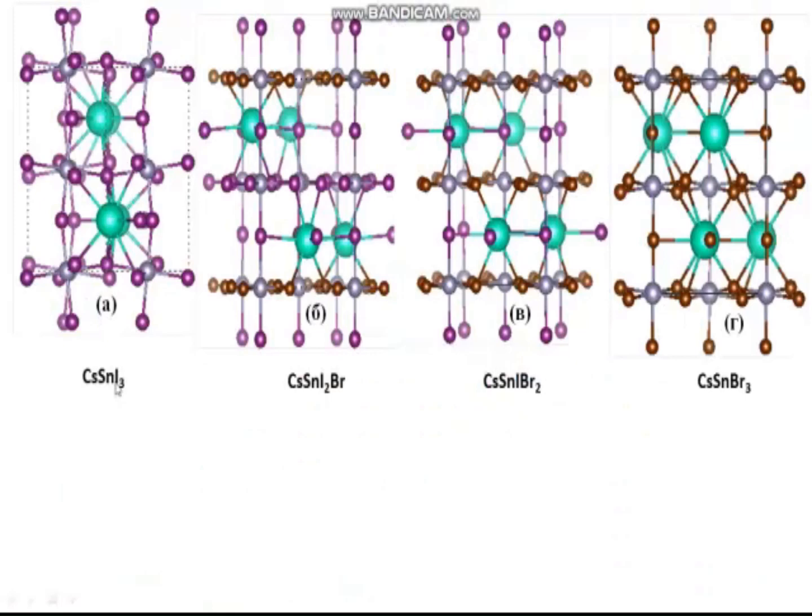In this slide, we show geometrical structures of cesium scandium iodide-3, cesium scandium iodide-2 brom, cesium scandium iodide-brom-2, cesium scandium brom-3, that is, cesium scandium iodide-(3-x) brom-x systems.